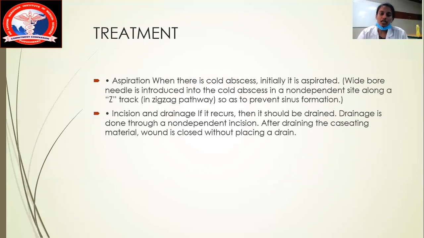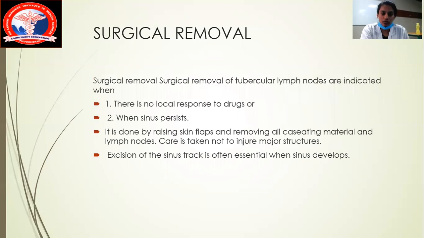In the other treatment, aspiration as well as incision and drainage is done only along the non-dependent area. Okay, and then the closure is done without a drain. That is the most important thing you should have in your mind. Surgical removal happens only if there is no local response to the drug, or there is a persistent sinus in the particular area for a long time.